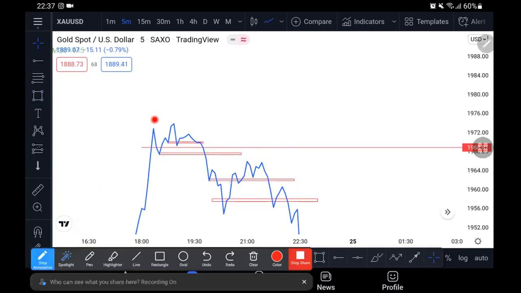Over here, we have a breakout, and then when the price came and failed to break this, then we can put the divergence trend line over here, and then expect the same. Something like that.